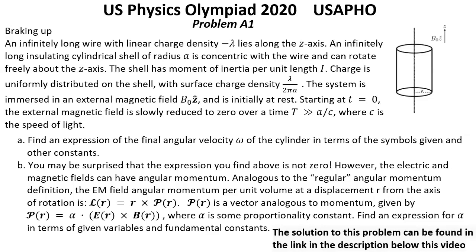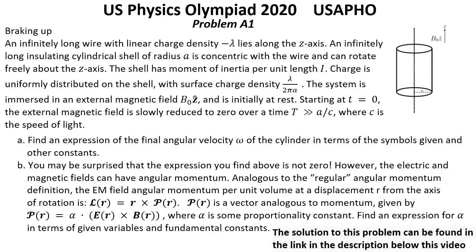The shell has a moment of inertia per unit length I. Charge is uniformly distributed on the shell with surface charge density lambda over 2 pi a.